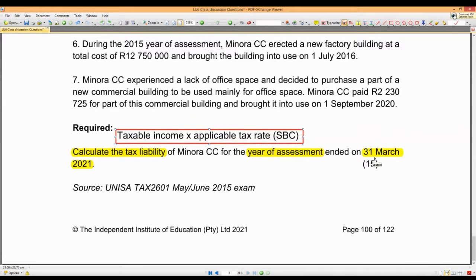Okay, so our year of assessment is 31st of March 2021, which means our tax period is 1 April 2020 to 31st of March 2021. Okay, so that is our tax period, just to help you put the 12 months into perspective.